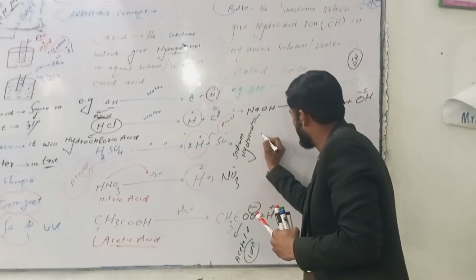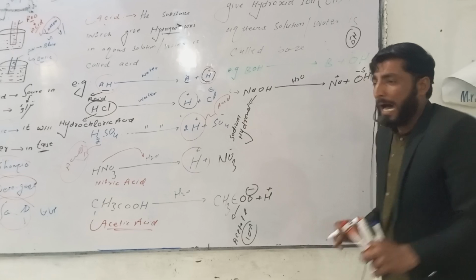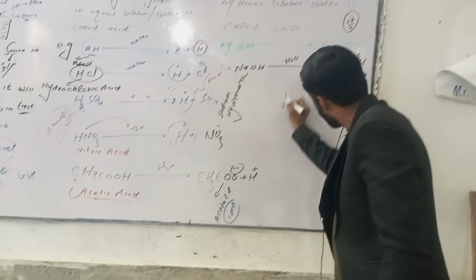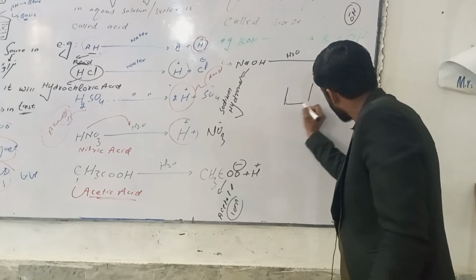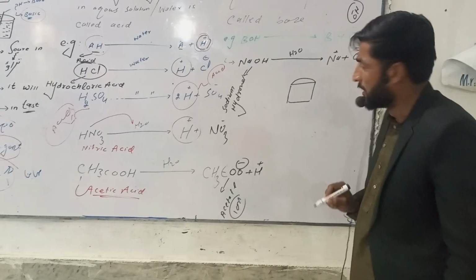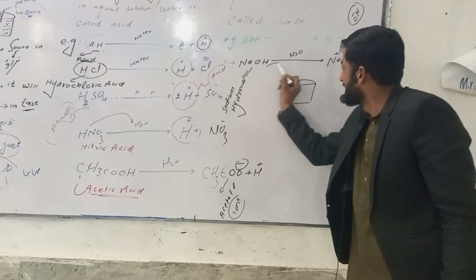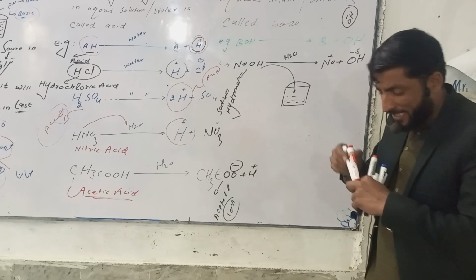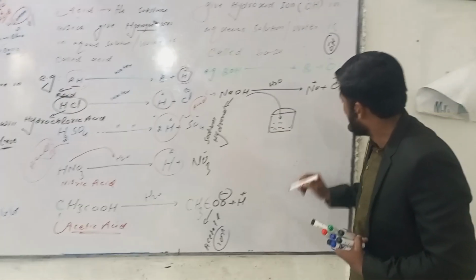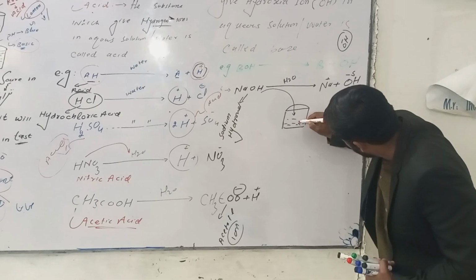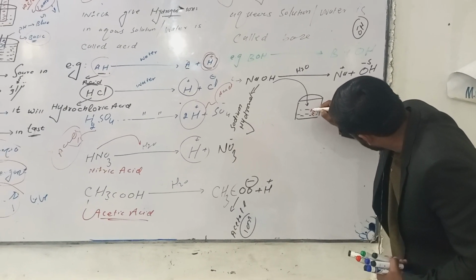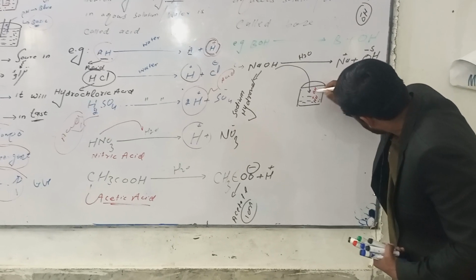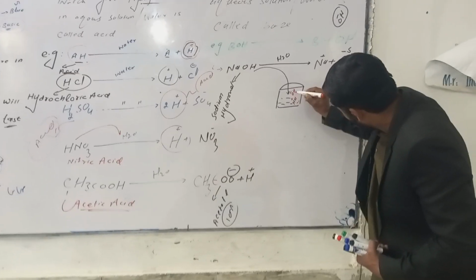The next example, look here. I will make you understand in more detail. For example, this is a beaker. If you put this substance here, this substance will be dissociated and it will give us sodium ion plus a minus hydroxide ion.